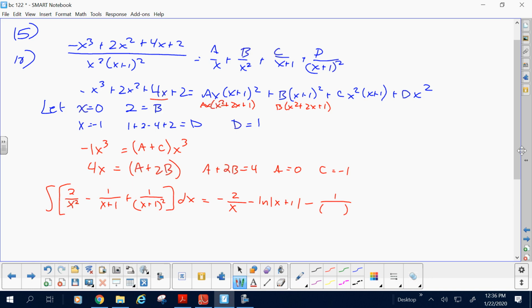Negative 1 over x plus 1. Plus C. Pretty gross. I gotta say that. Pretty gross. All right, good call. Anything else? Okay, good stuff.